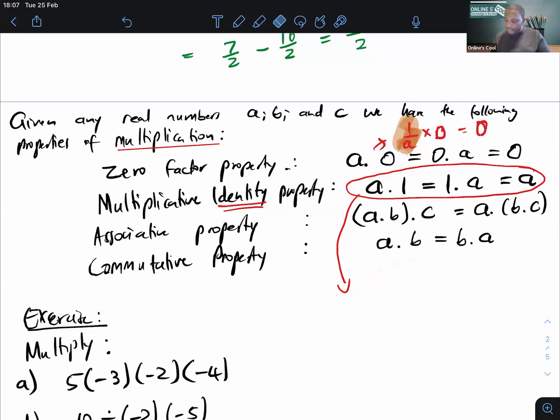So now, the next property is the associative property. When it comes to multiplication, similarly with plus, because multiplication grows, it's like addition, it makes something bigger, all right?